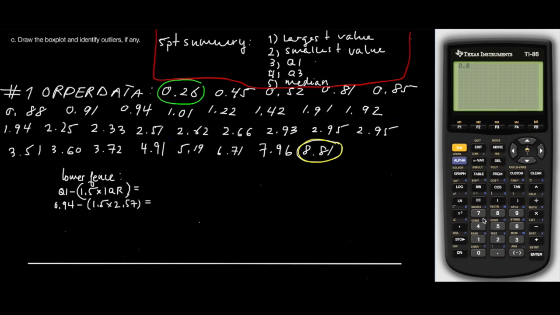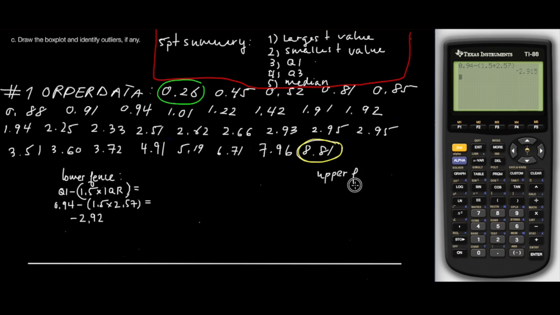So we have 0.94 minus 1.5 times 2.57, which gives us negative 2.92. So let's go ahead and write that over here. So that's negative 2.92.